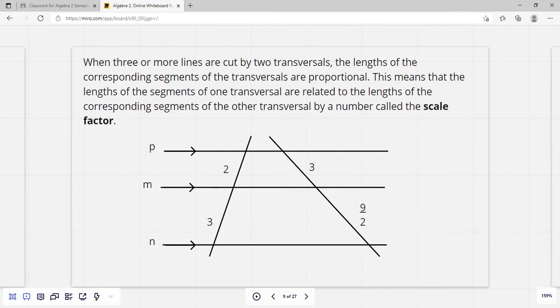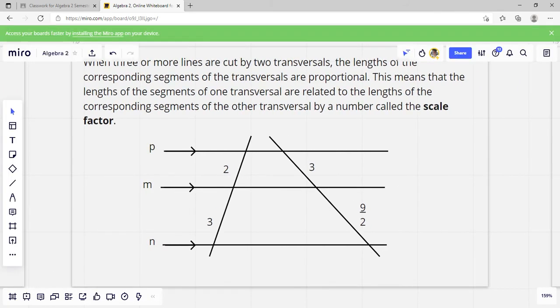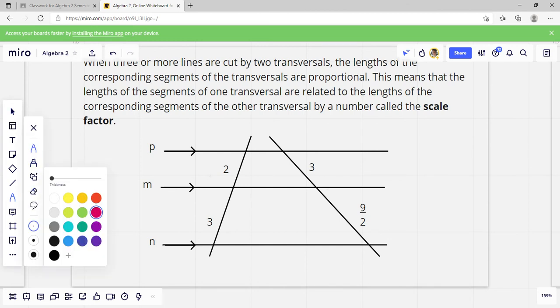When three or more lines are cut by transversals, the lengths of the corresponding segments of the transversals are proportional. This means that the lengths of the segments of one transversal are related to the lengths of the corresponding segments of the other transversal by a number called the scale factor. So we're not talking about angles anymore, now we're talking about lengths.